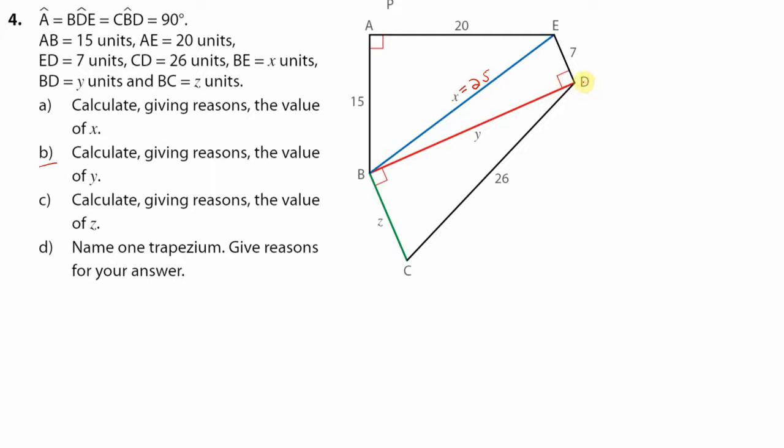In this case, we now have opposite big angle D, we will have small side d. Opposite big angle E, we have small side e. Opposite big angle B, we have small side b.